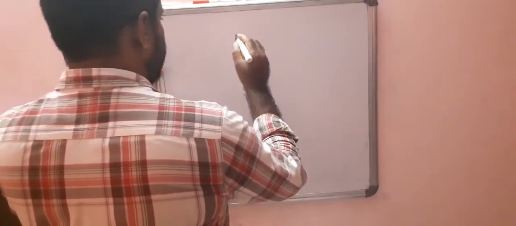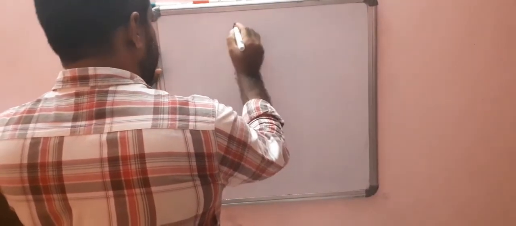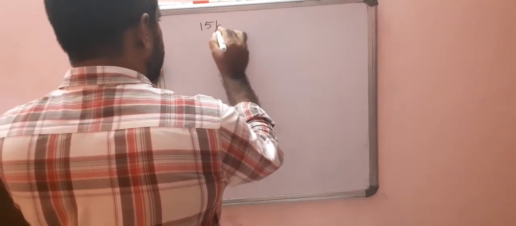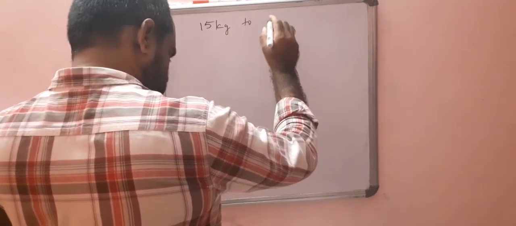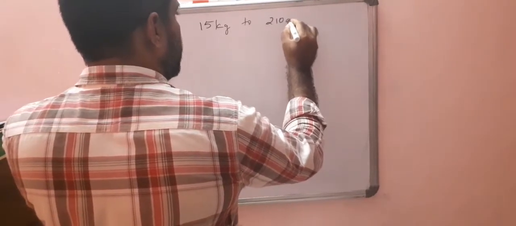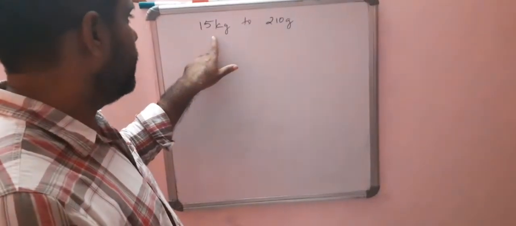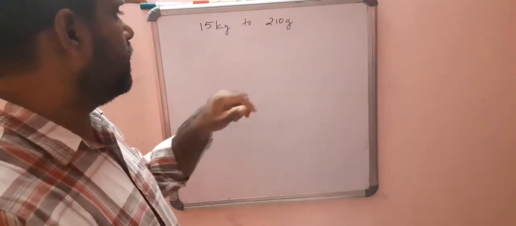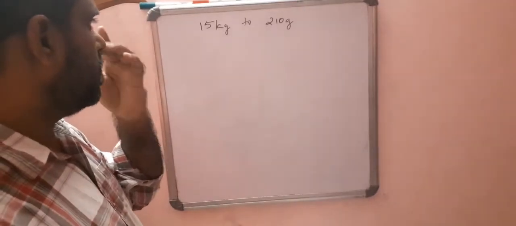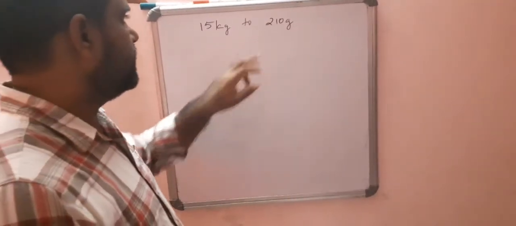Okay, students, let us continue doing a few more examples. Now I am taking an example of another unit. I'm going to find the ratio of 15 kg to 210 grams.